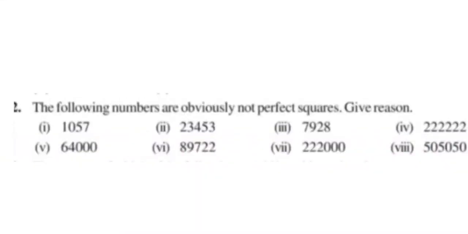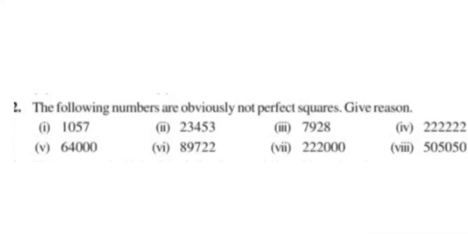Now see the question number 2. The following numbers are obviously not perfect squares. Give reason. Means here it's already given these numbers are not perfect squares, so we have to find the reason why.